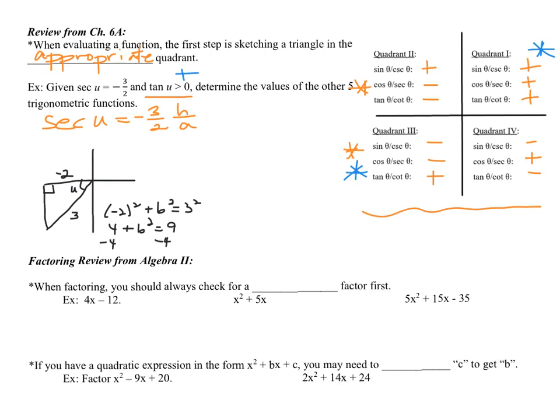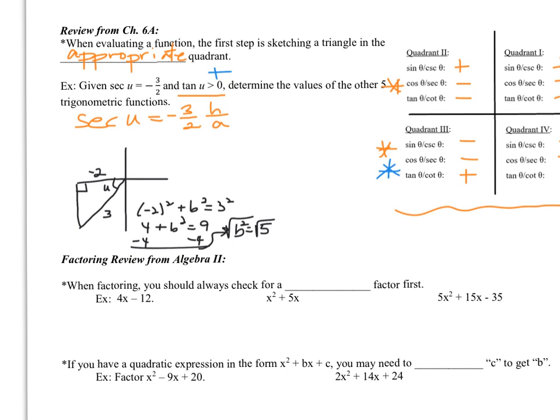Moving 4 over, we would get b squared equals 5. And to get b by itself, we'd have to take the square root. If I put square root 5 over here, counting down on the y-axis, we have to also recognize that it's negative, because direction will matter as we list out our trig functions.